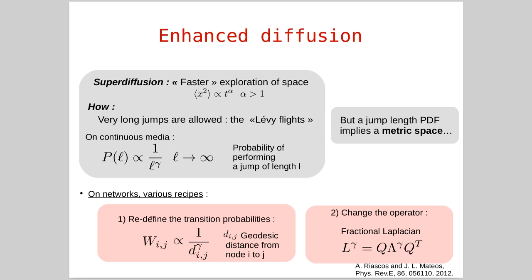One is to redefine the transition probabilities. You have your transition matrix here, and you say that the probability to jump from i to j is proportional to the geodesic distance from node i to j to some power gamma. It was very similar to the continuous media version.